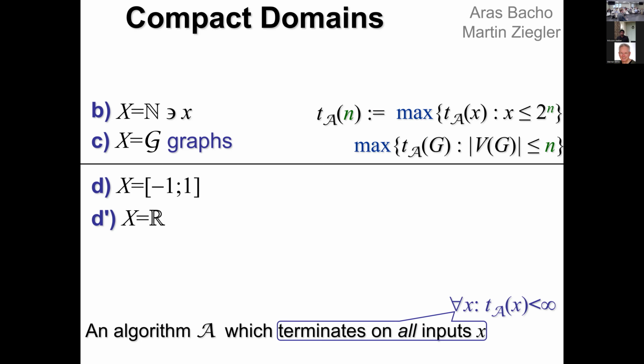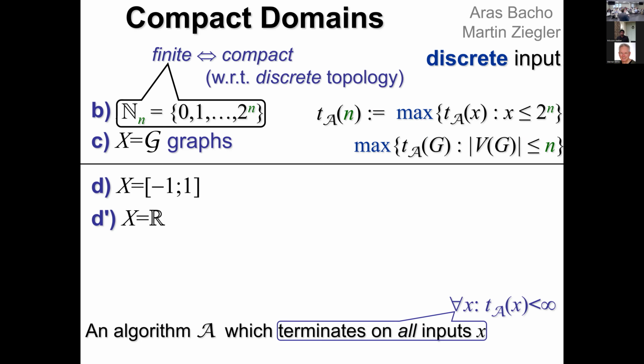Same for graph algorithms, right? Consider the algorithm's running time on all graphs up to n vertices first, and then let n range. The observation is that these finite restrictions, all graphs of up to n vertices or all integers up to 2 to the n, are finite, and finite is the same as saying compact in the discrete topology.